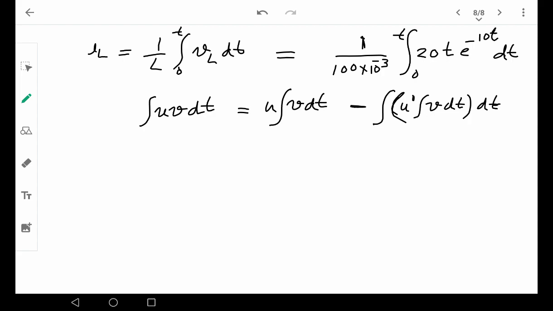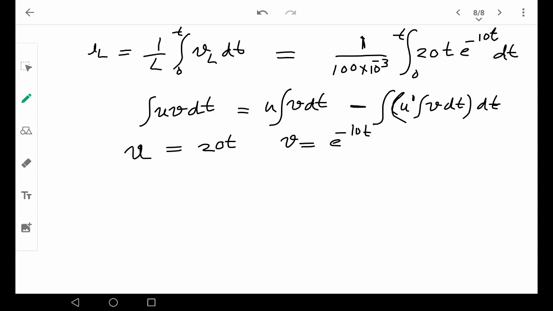So what I do is, I will take u equal to, anything you can take, 20t I will take as u, and v you can take as e raised to minus 10t, right?